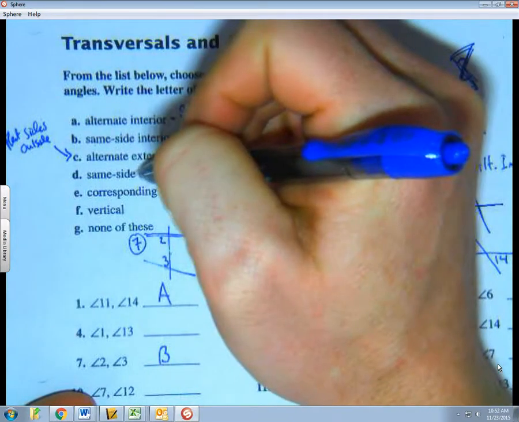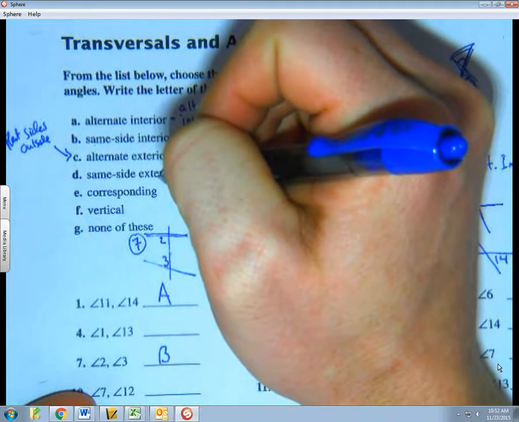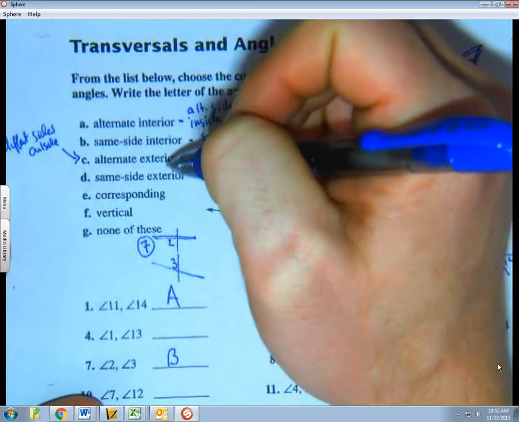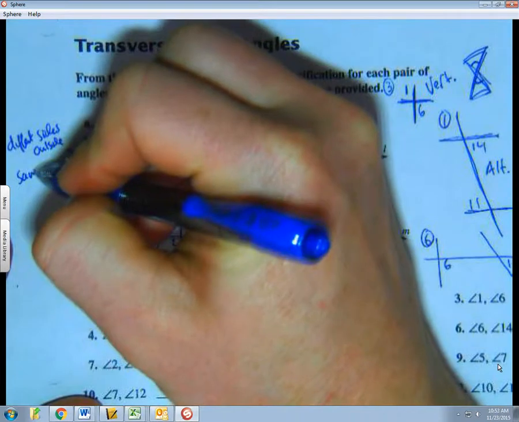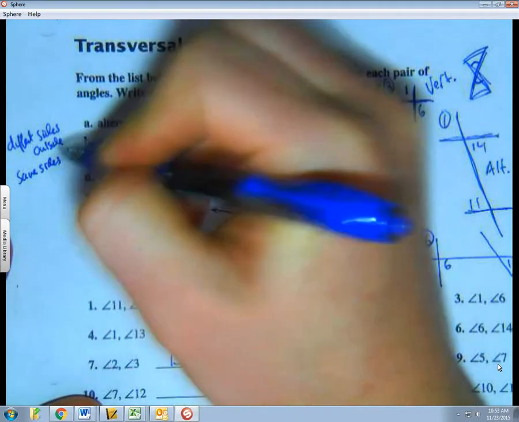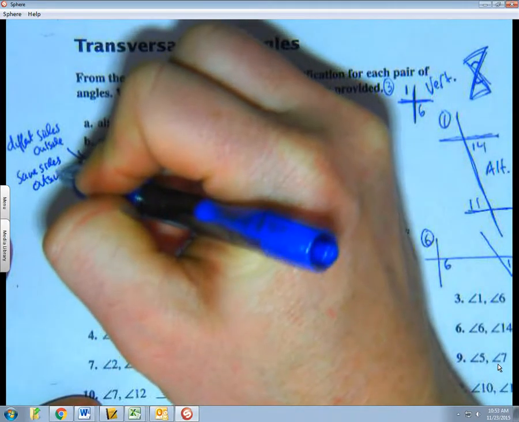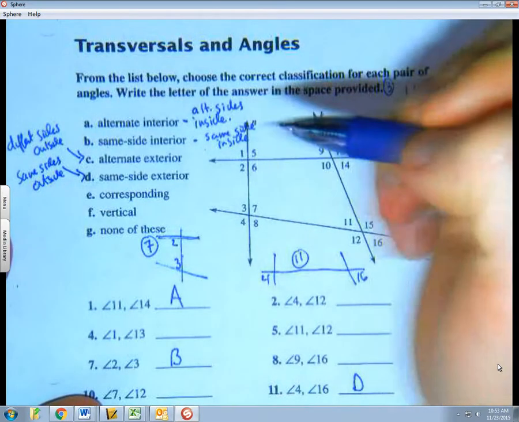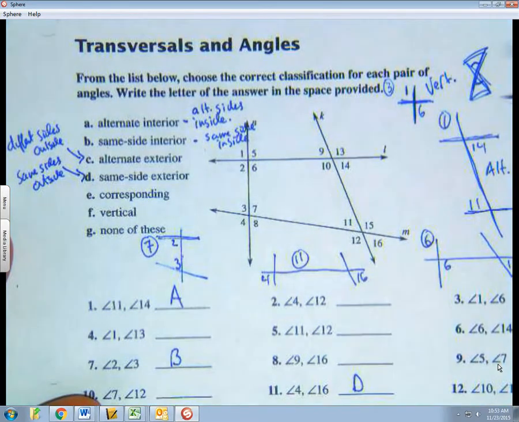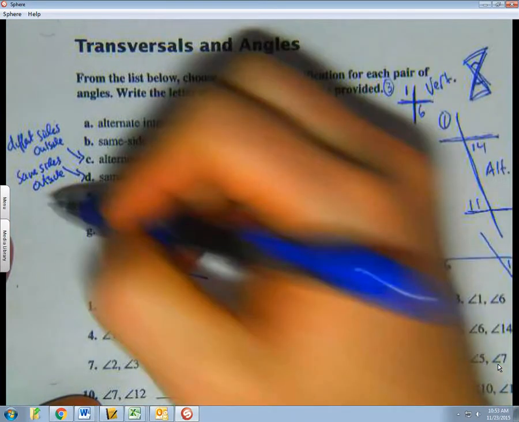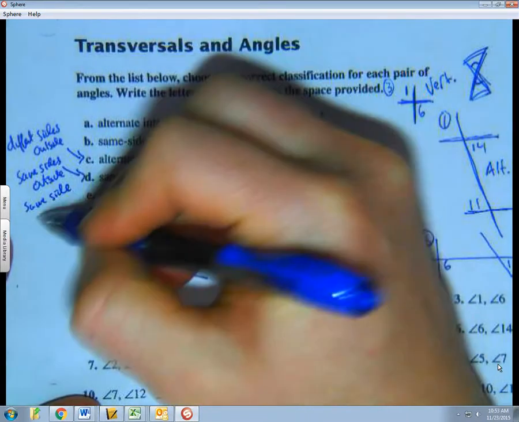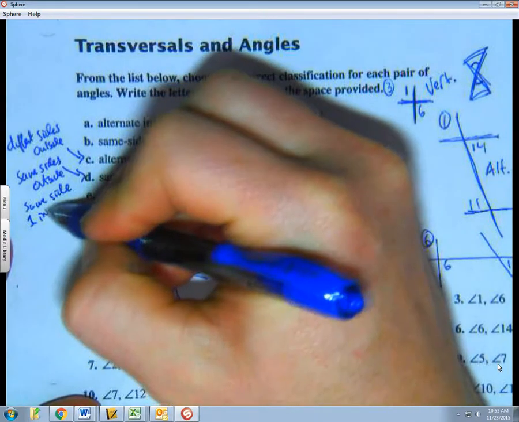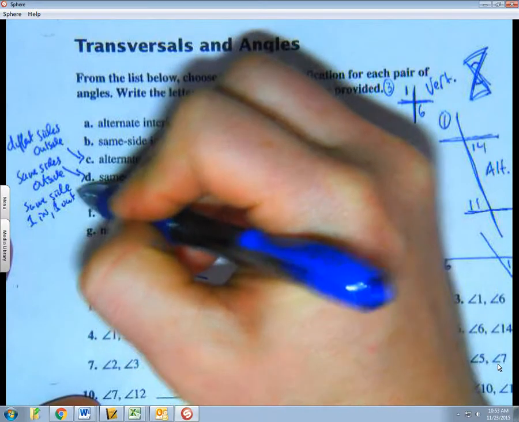Same side exterior, same sides outside. Corresponding, same side, one in, one out.